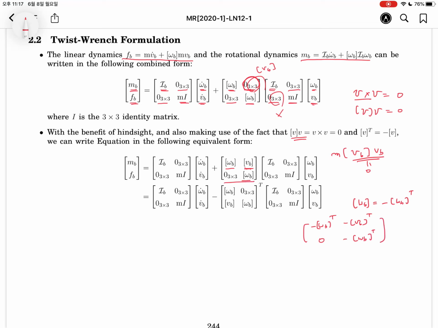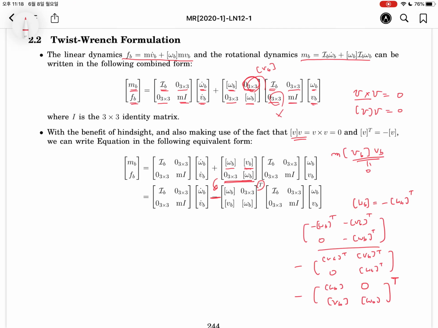Actually, this matrix is the same as this one. Let's extract the minus sign in front: minus omega_B transpose, v_B transpose, 0, omega_B transpose. The transpose operator can be extracted outside, then minus omega_B, 0, v_B, and omega_B. And then we will take the transpose here. So the minus sign and this matrix can be exchanged like this using the transpose operator.